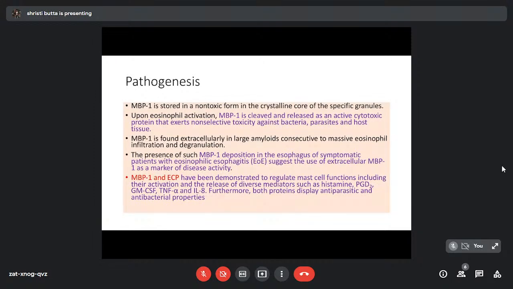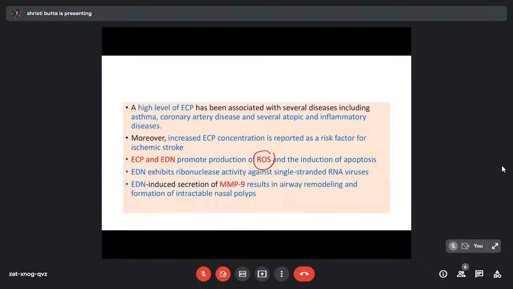Eosinophilic cationic proteins have been implicated in increasing reactive oxygen species and in the pathogenesis of coronary artery diseases. In addition, they have been implicated in airway remodeling and formation of intractable nasal polyps by EDN, that is eosinophil-derived neurotoxin, induced secretion of MMP9.